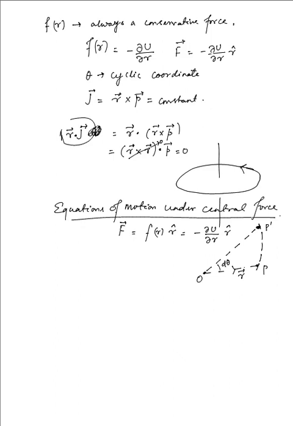D theta is the angle swept in this case, and let me drop a perpendicular from the point P onto the position vector of the point P dash.